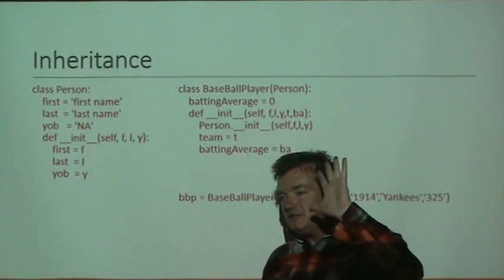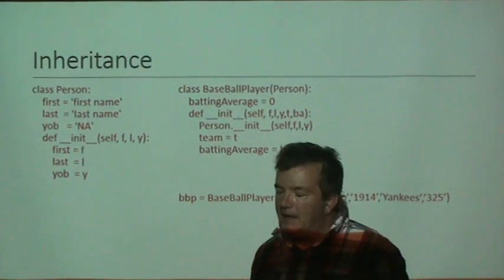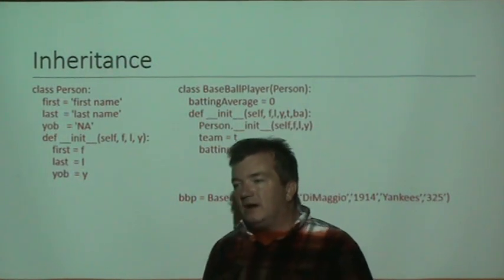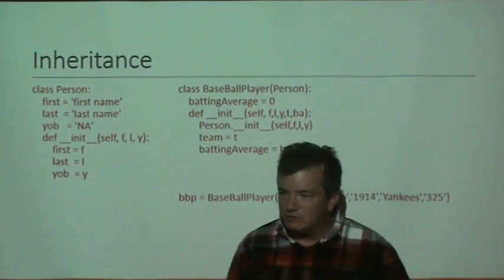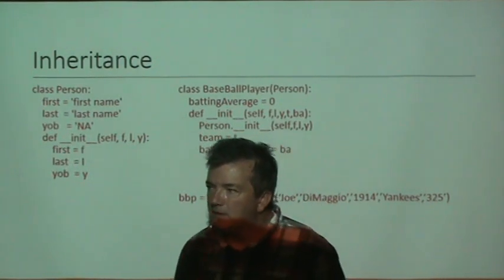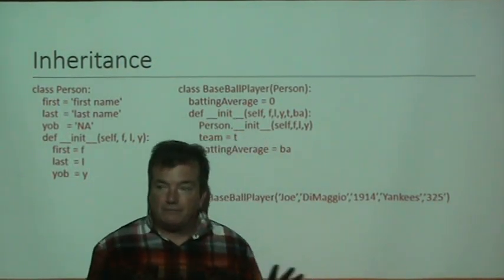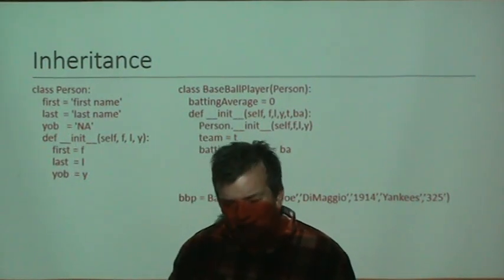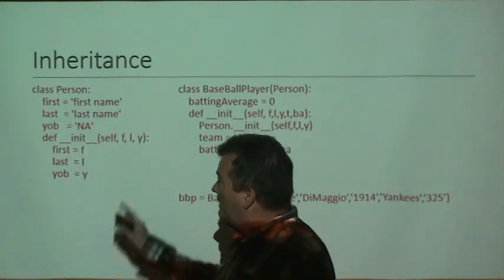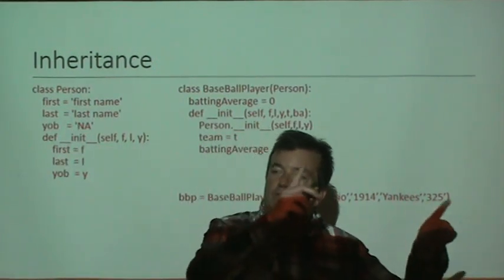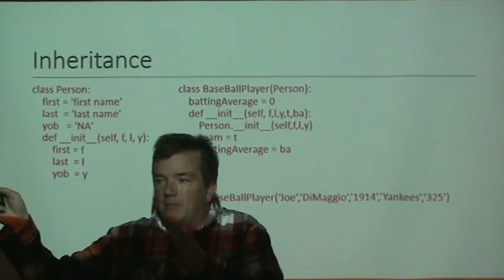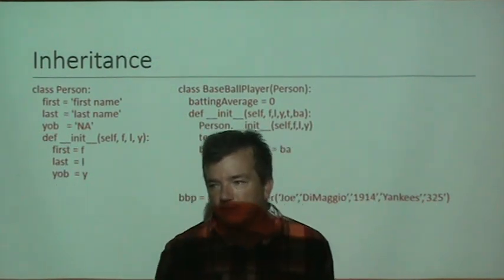A baseball player is a special kind of a person. So instead of redefining everything that is inside of a person and then adding new things for baseball players, suppose inside of our application we added a new attribute for a person, like, what is your middle name? Well, then we'd have to change it in person, and we'd have to also remember to change it in baseball player. Wouldn't it be nice if we changed person, baseball player would automatically pick up the new changes?